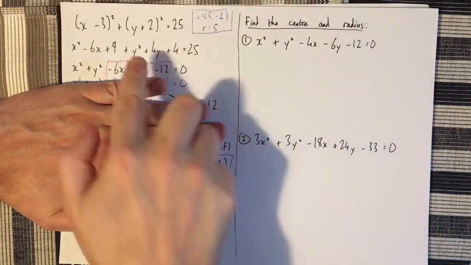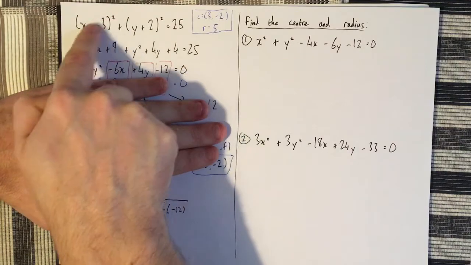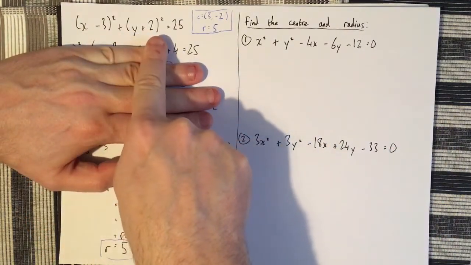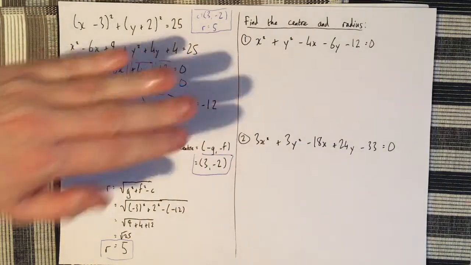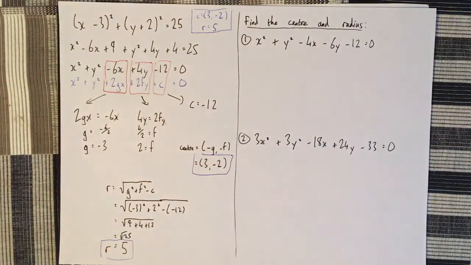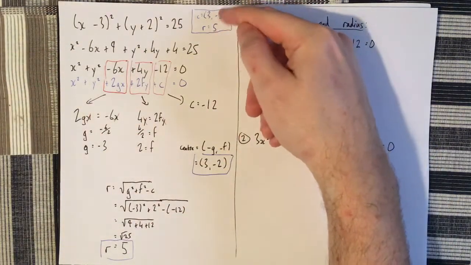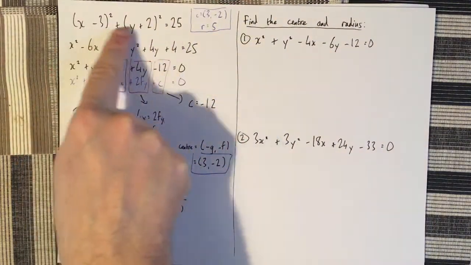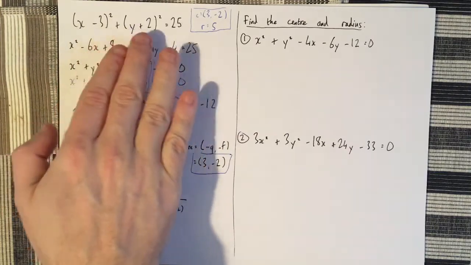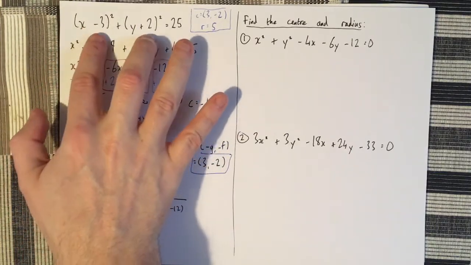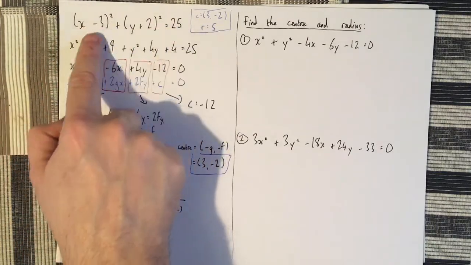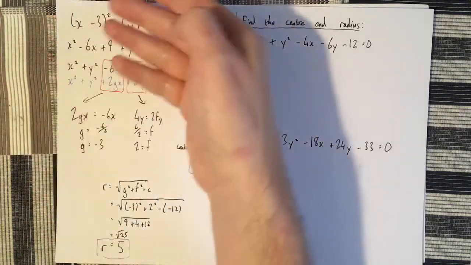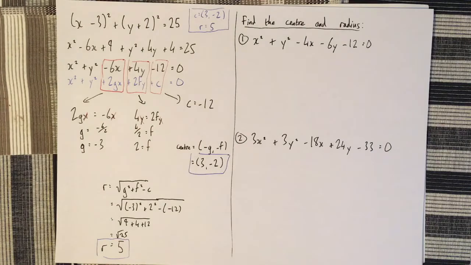So what I would say is if you get it in that form, there's no need to multiply it out and then use the g, f, and c. If you get it in that form, it's easier to use. That's why if we're ever asked to get the equation of a circle given this information, we will just plug it into the h and k and r and leave it unmultiplied out on the left hand side, because that's less complicated. We can quickly read off the center of this circle. It's easier to use, I would say, in this form than this form, certainly for reading off the center and the radius anyway.